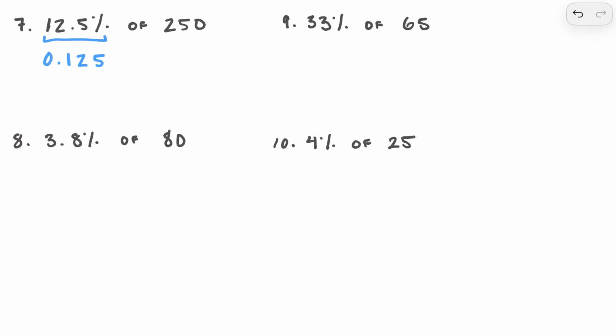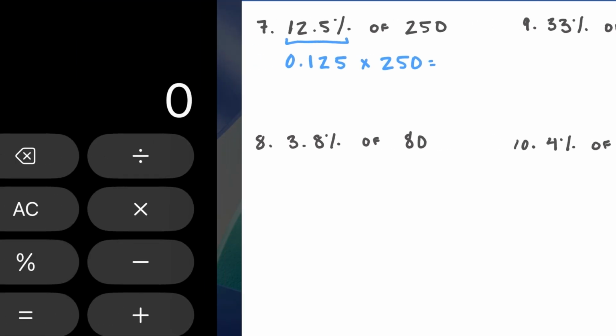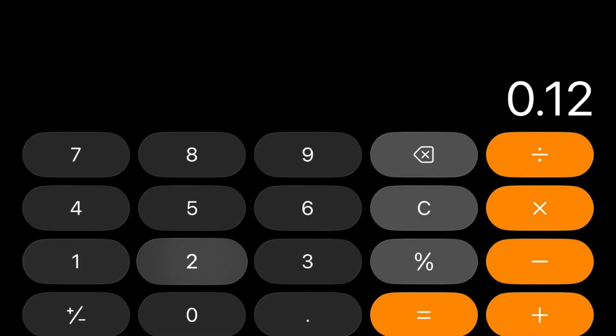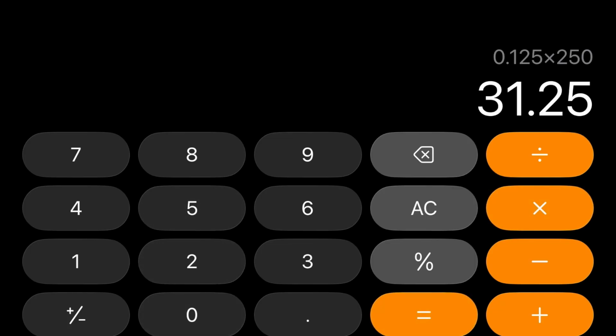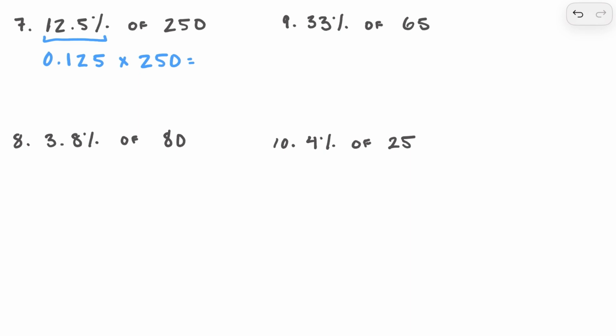So this is going to be 0.125 times 250. And we can put this into a calculator, no problem. I'm going to take 0.125 times 250, and that's going to get me 31.25. 31.25.